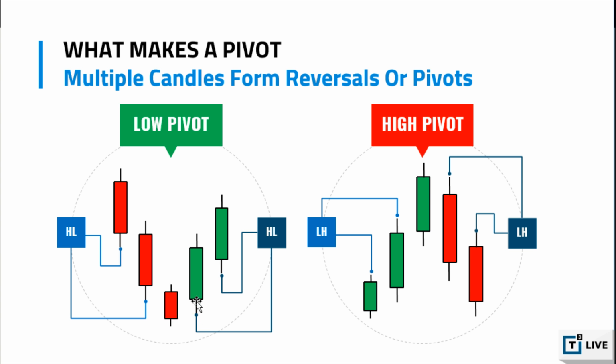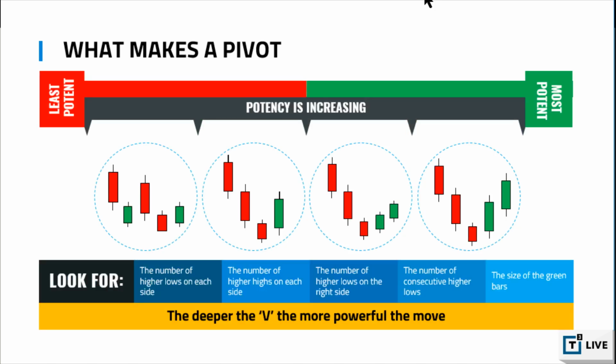A high pivot is indicative of sellers taking back the control from the buyers, overwhelming the buyers. In order to get a high pivot, you have to have a lower high on either side of a candle. Now, not all pivots are created equal.